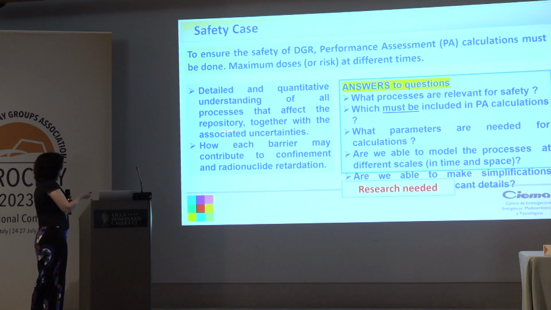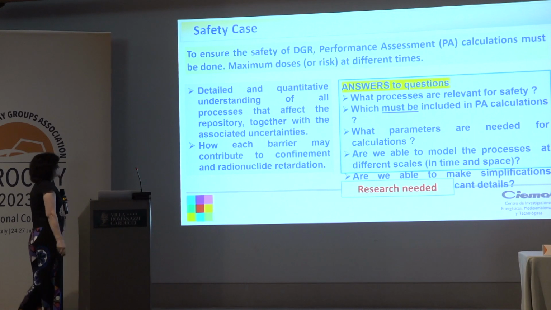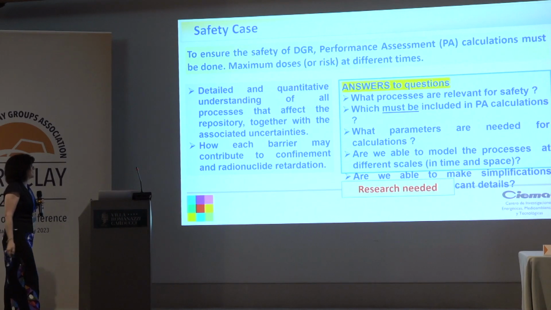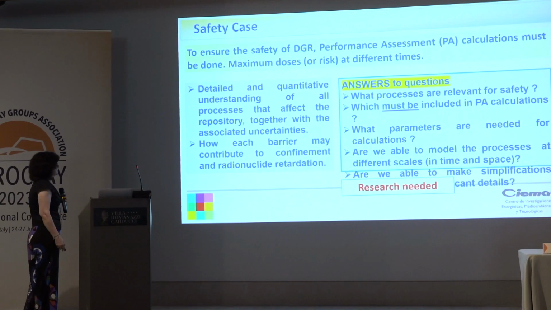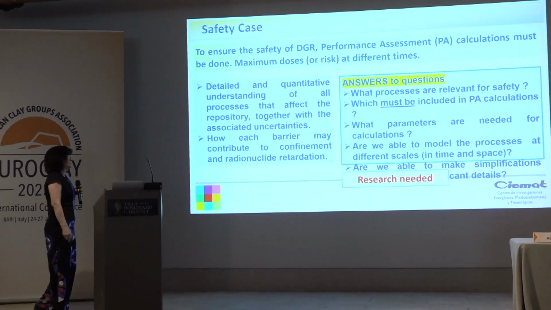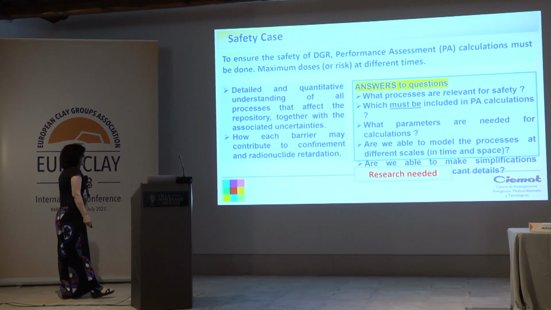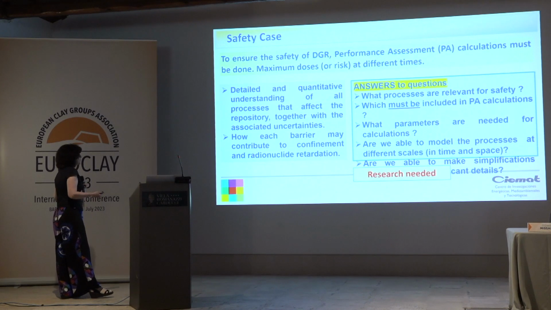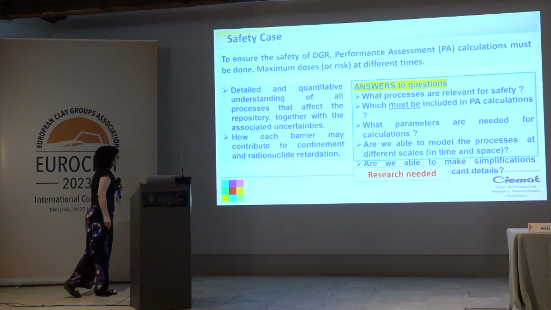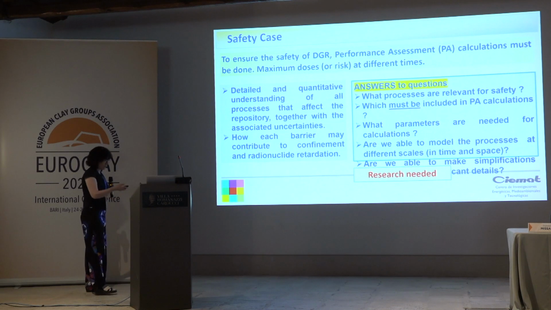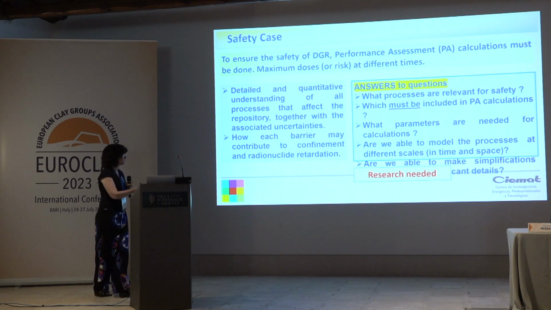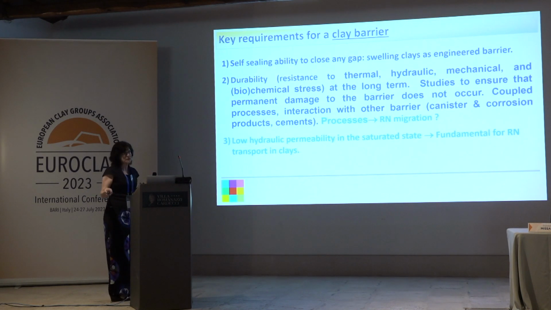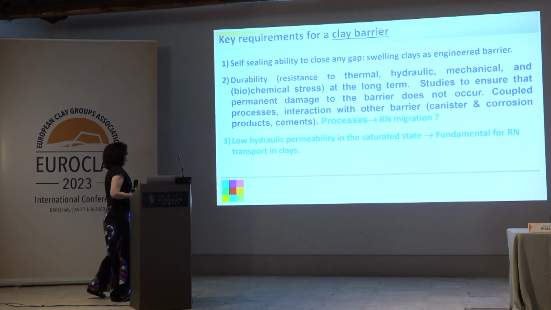So we need a detailed and quantitative understanding of all the processes that affect the repository, together with the possible associated uncertainty, and to know also how each barrier may contribute to the confinement and retardation of the radionuclides. So for all these things, we need research.